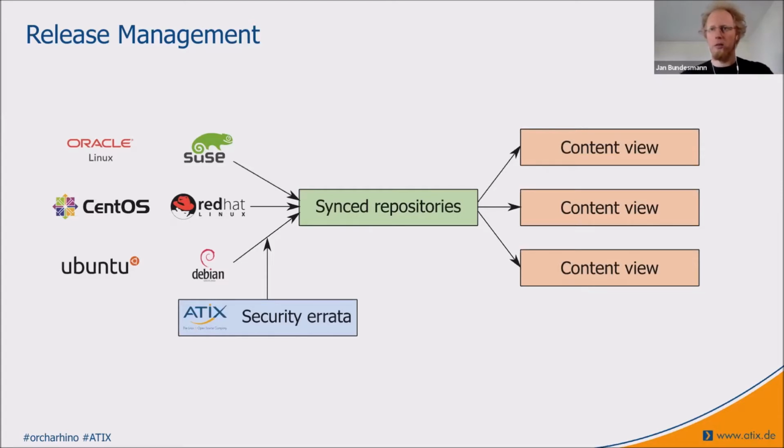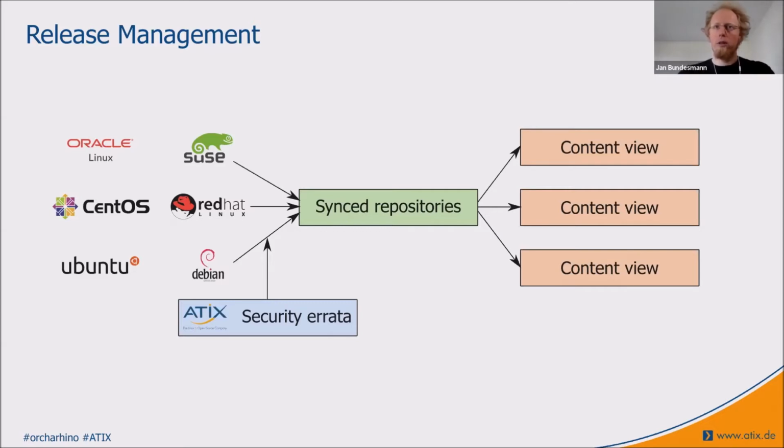Oracle is quite similar to those, so it's also quite straightforward. For SUSE Linux Enterprise Server, you need to have some access to their repositories, which is handled through a plugin which we provide. But then you can also sync their repositories, and of course, Ubuntu and Debian repositories are available as well. You can have them all on your orcharhino synchronized.